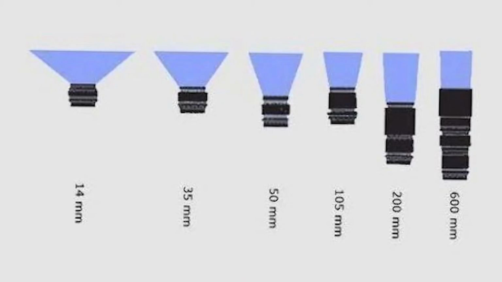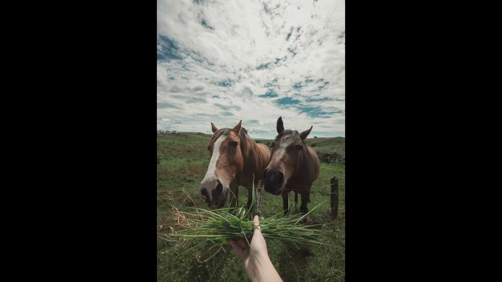Any lens that offers an equivalent field of view to this is considered a normal lens. On a 35mm film camera or a full-frame digital camera, a 50mm lens will be normal. On a camera with a smaller sensor, a shorter lens will be normal. A lens with a focal length shorter than a normal lens is considered wide angle.